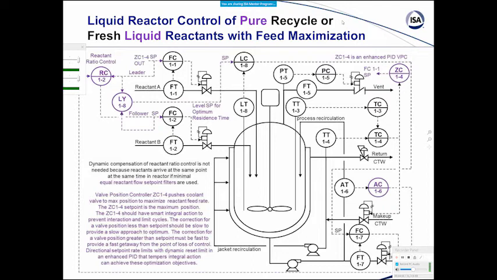We have a good residence time for the reaction to go to completion, and the reaction rate typically has a best temperature associated with it, so we want tight temperature control. So we've got all these things at play here. Then we have shown in purple that we also have some optimization going on here, and also some composition control going on here.